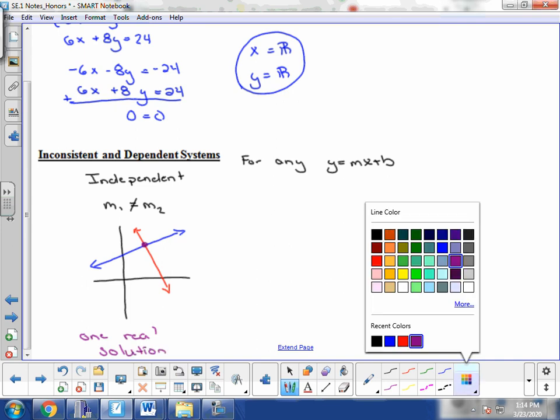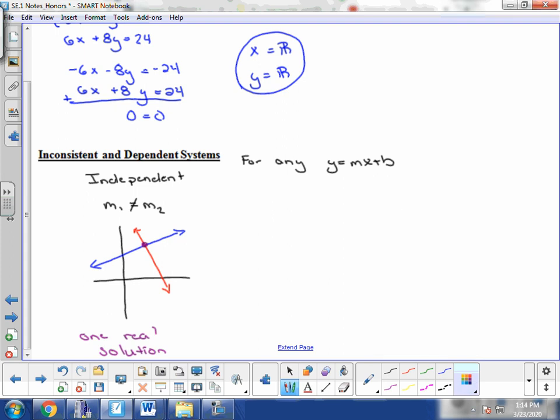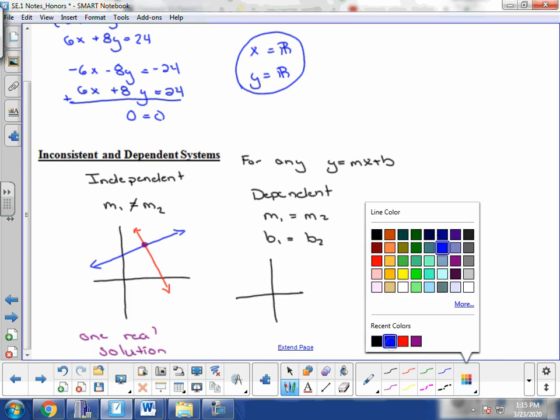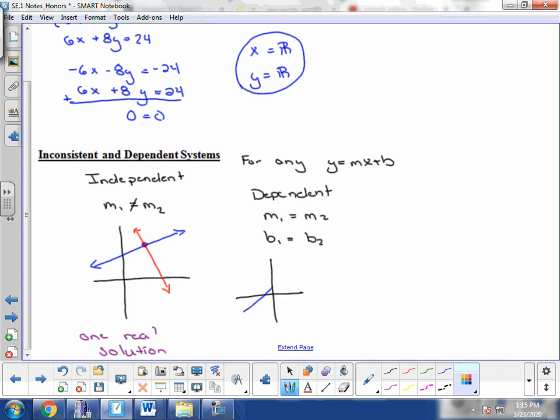What we saw here, secondly, is what we call a dependent system. In this case, the slope is actually the same, and the y-intercept is the same. Both things are going to be equal. So if we were to graph this, here could be the graph for one of my lines, and the other line would be directly on top of that.